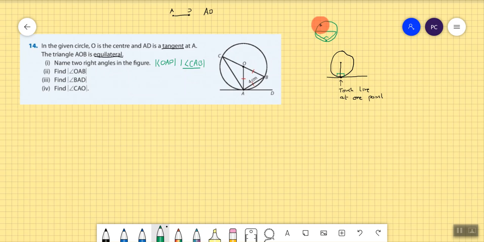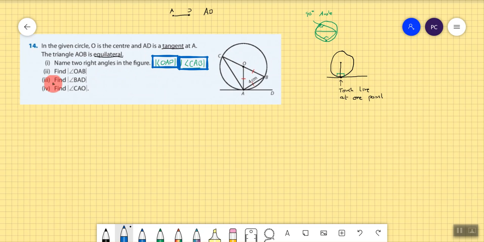It doesn't matter where you put the point. Once you join the two lines here and here, that will always give you a 90. So these two will be two right angles, should I say, in this figure.